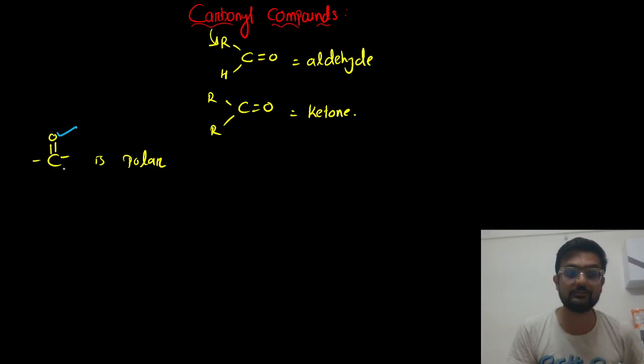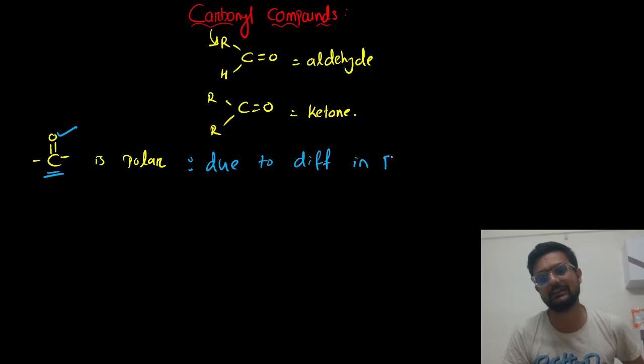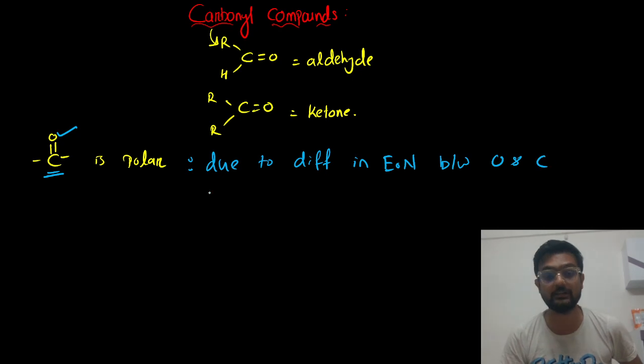Here the electronegativity of oxygen and carbon are different. So due to the difference in electronegativity between oxygen and carbon, the carbonyl compound becomes polar.